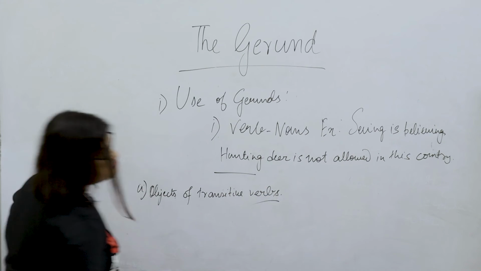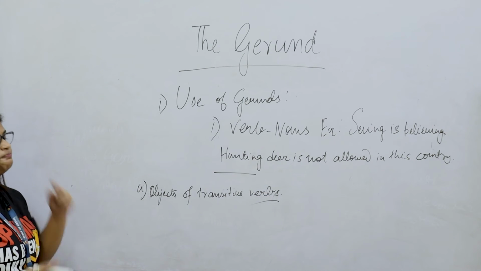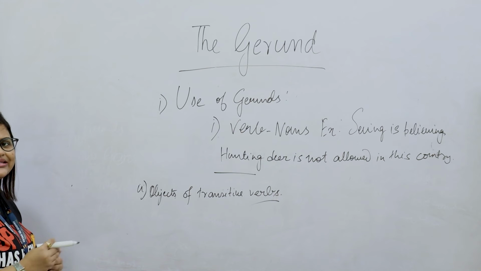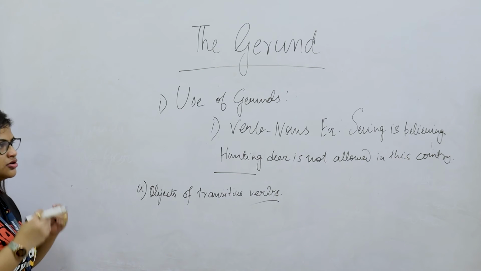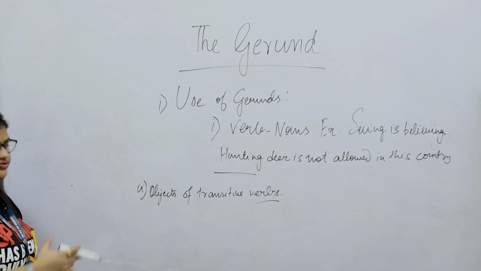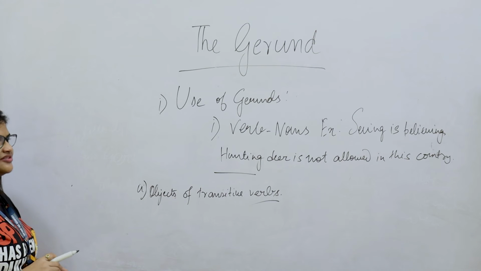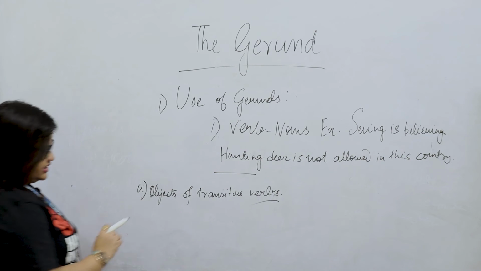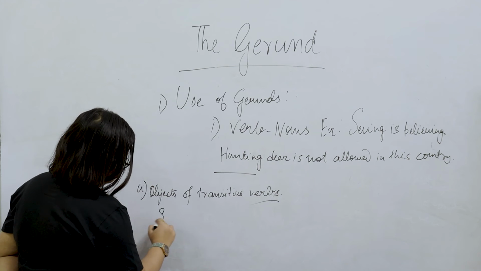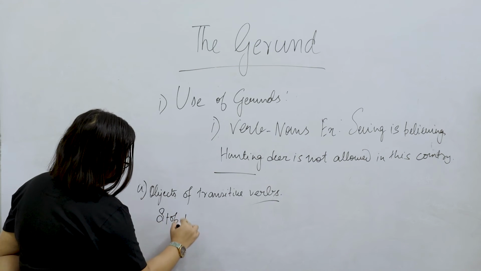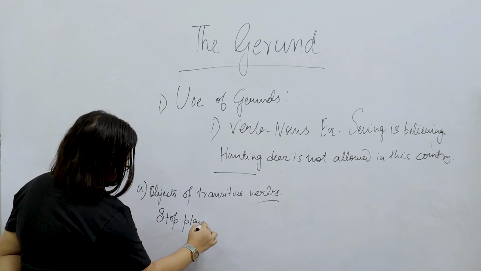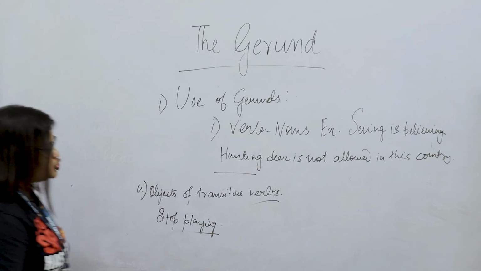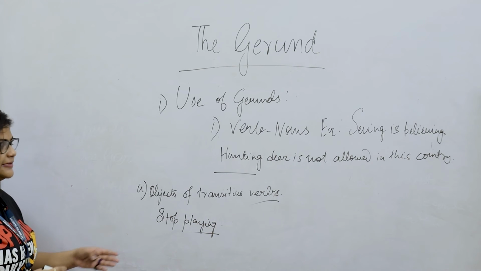So transitive verbs are verbs which complete their meaning with the utility of an object after the verb, which means the verb in itself is complete. We can say, stop playing. So here it is, stop playing. The meaning is complete in itself.